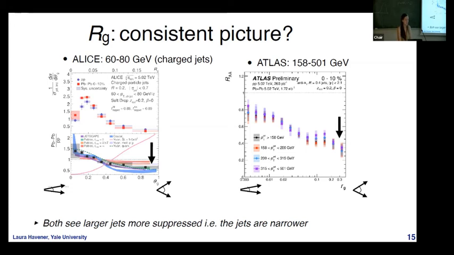So I think we have time for one last comment. This is just a general comment. Every time we look at modification, we do ratios. That's one way to look at it. But if you look at the fragmentation function, the ratio is enhanced for soft particles.